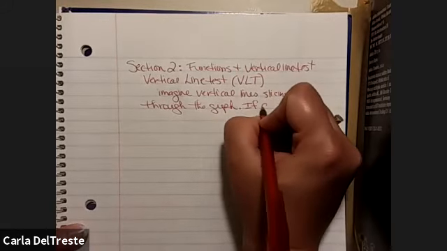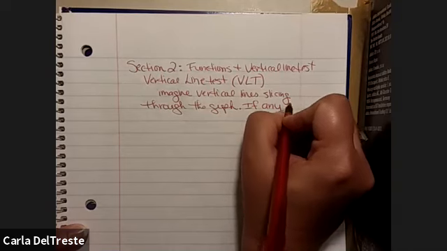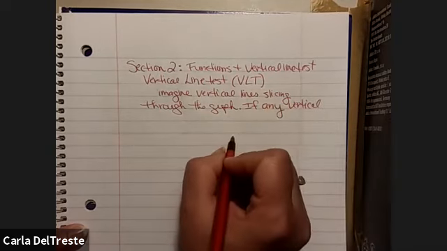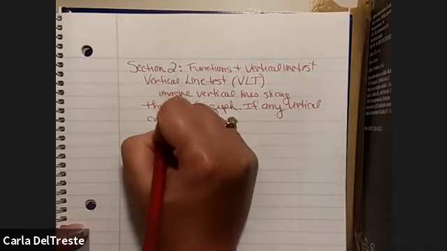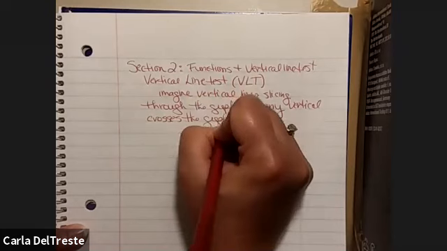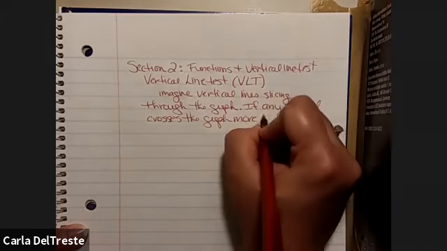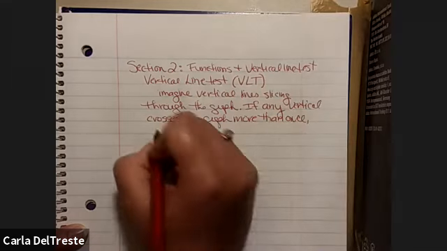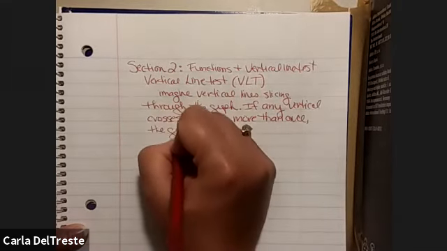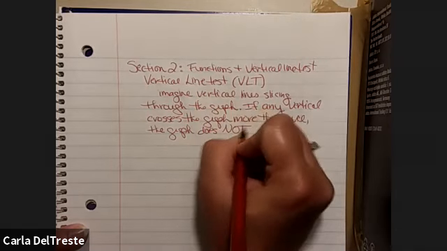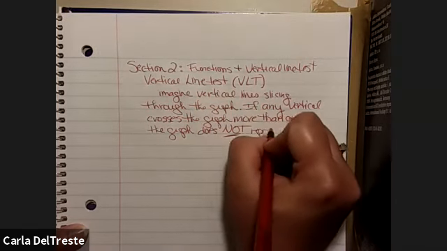If any vertical line, so any of them, doesn't matter if it's only one, crosses the graph more than once, the graph does not represent a function.